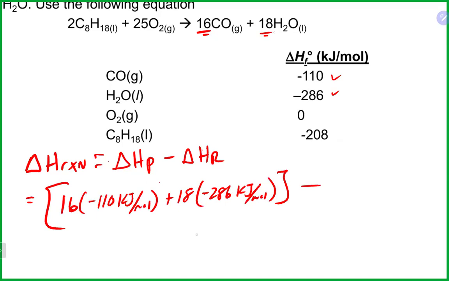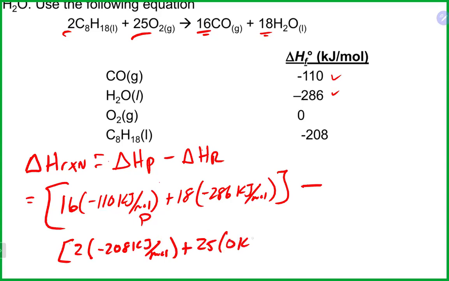That essentially, again, is going to take care of all of our products. I'm going to write the reactants underneath there, but it is subtracting those reactants. And we got 2 of our C8, so we'll take 2 times the minus 208. And again, we got 25 oxygens, all going to give us 0, since that is this value.